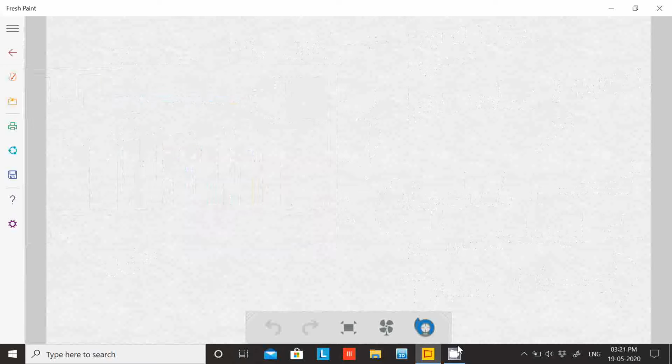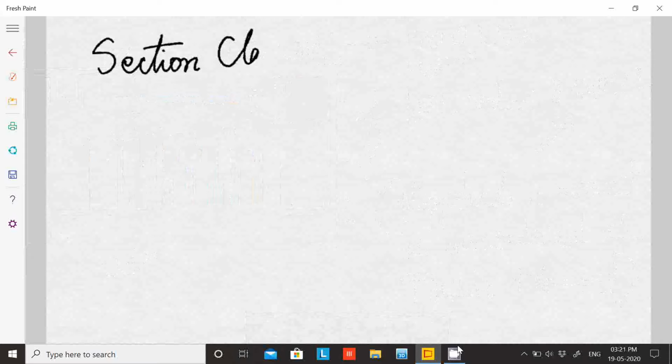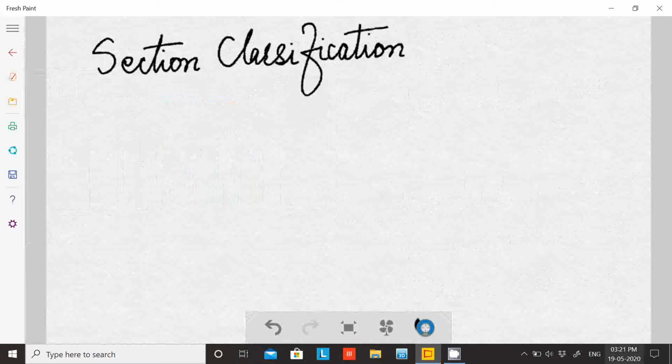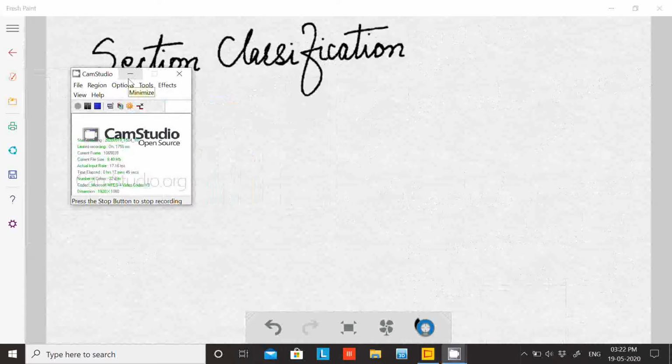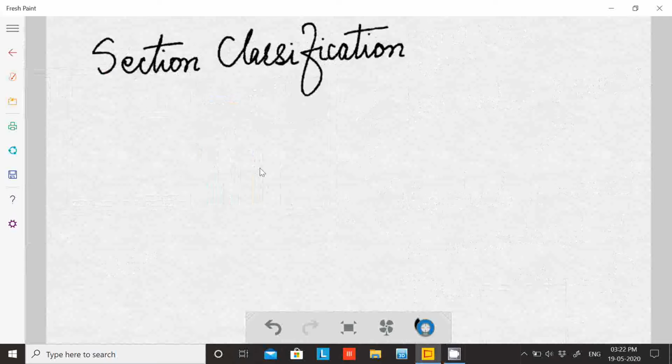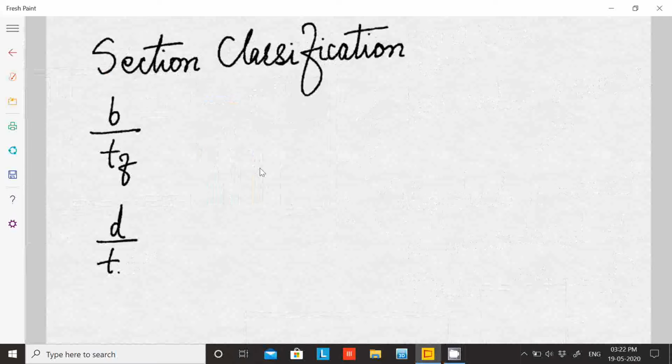So section classification. For that we need actually two values, which is b by tf, and d by tw.